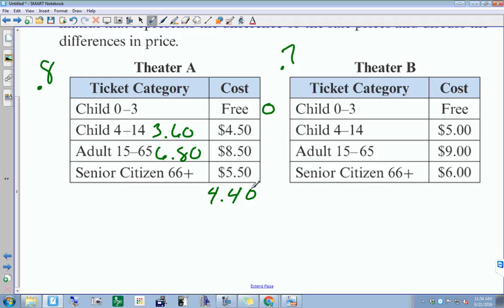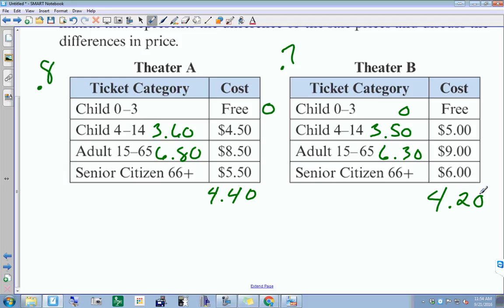So, Theater B, are the children still free from 0 to 3? Yep, they're still free. What is 70% of $5? $3.50. 70% of $9? $6.30. And 70% of $6? $4.20.